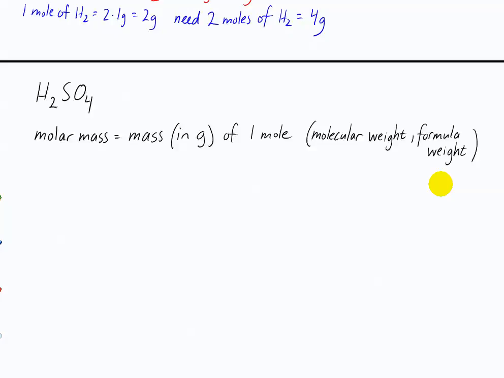So calculate the molar mass of sulfuric acid by adding up the molar masses of each atom, multiplying them by the quantity of each atom in the molecule. And don't use too many decimal places. Let's just round them off and say we're just going to use the whole numbers for now.